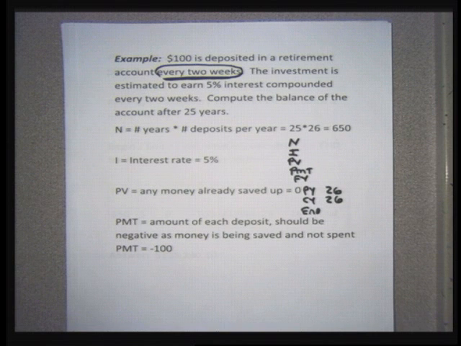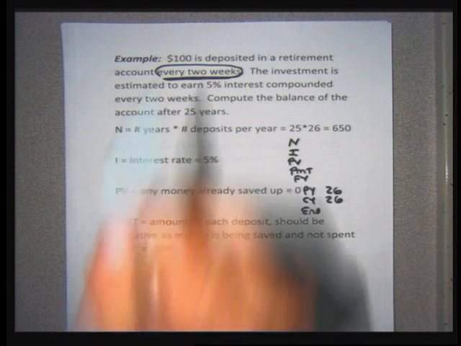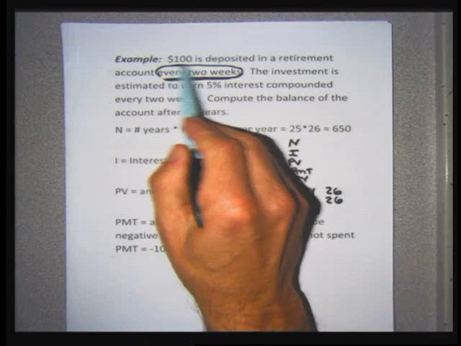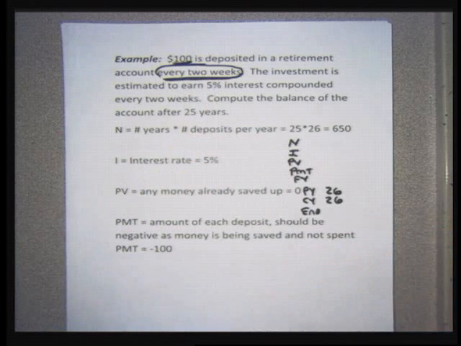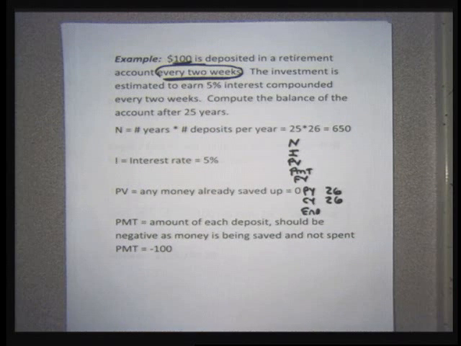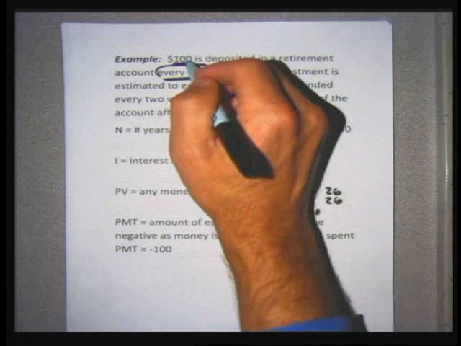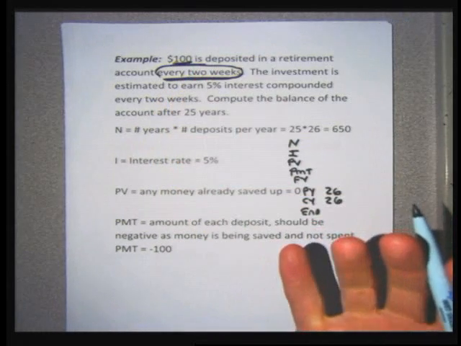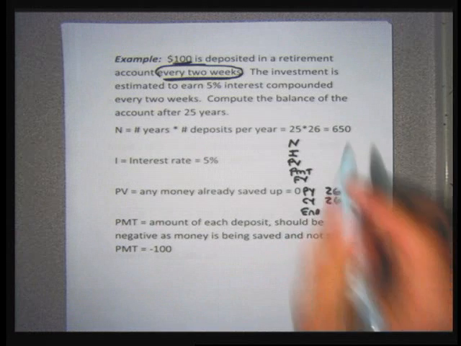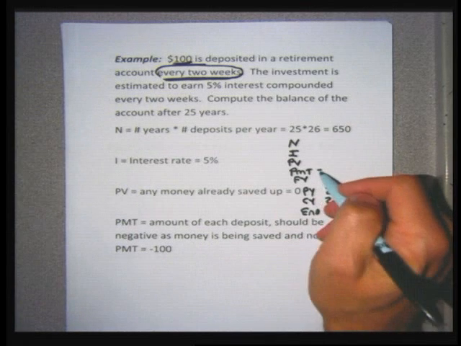Now I can dig into the problem a little bit further. The first number I see is $100, and it's deposited more than once. If you have a recurring equal deposit, that goes in the payment, and while I'm saving, it should go in as a negative. So this $100, because it's not just a single deposit, it's a recurring $100 deposit, goes in the payment.